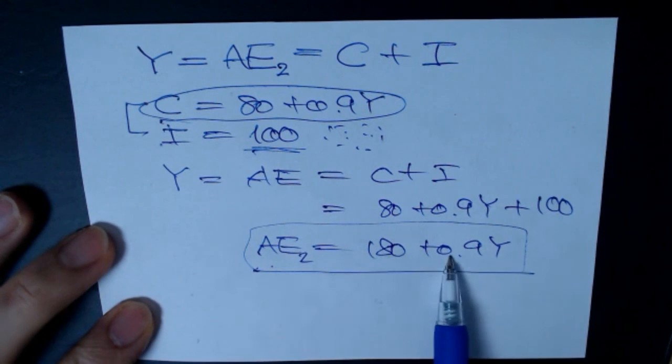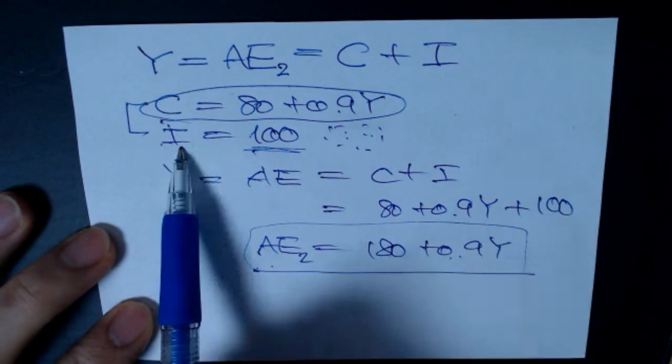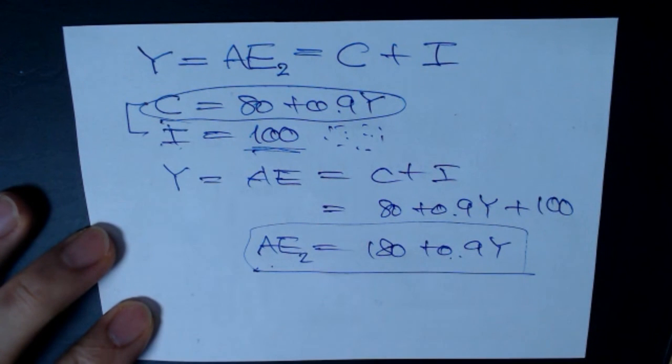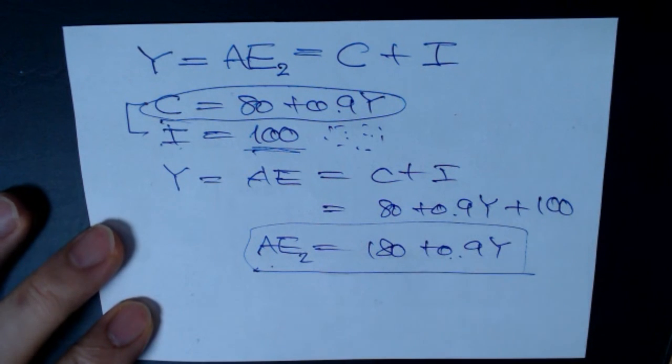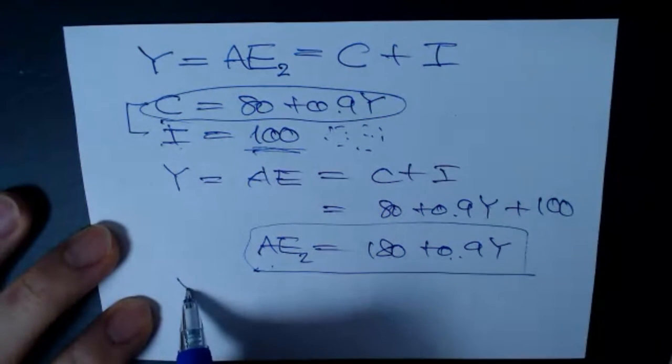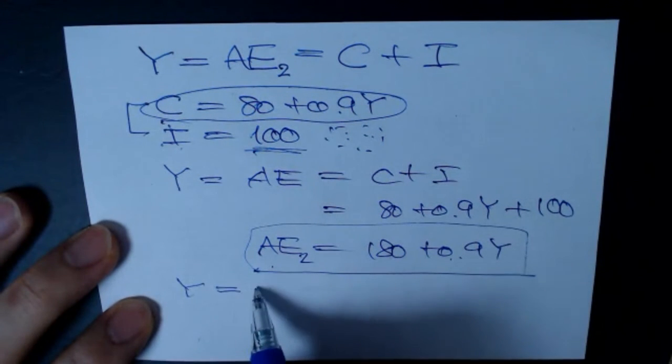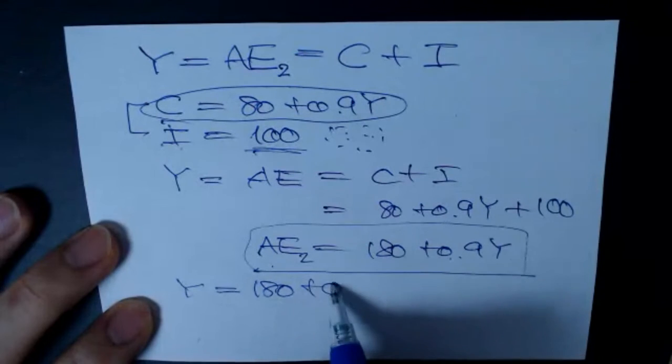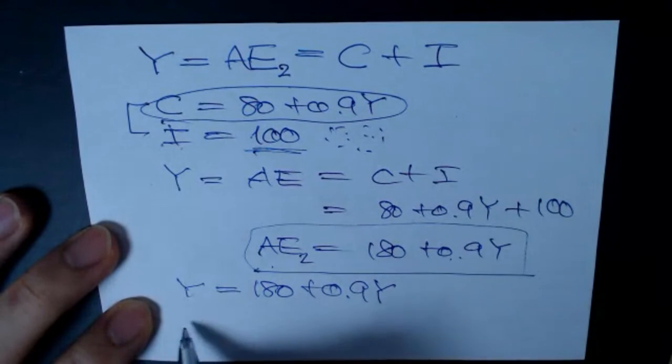So let's see how much output this economy should produce to satisfy both households' and firms' expenditure requirements.